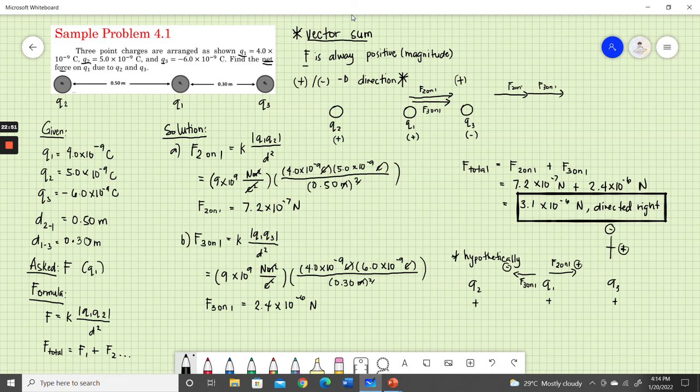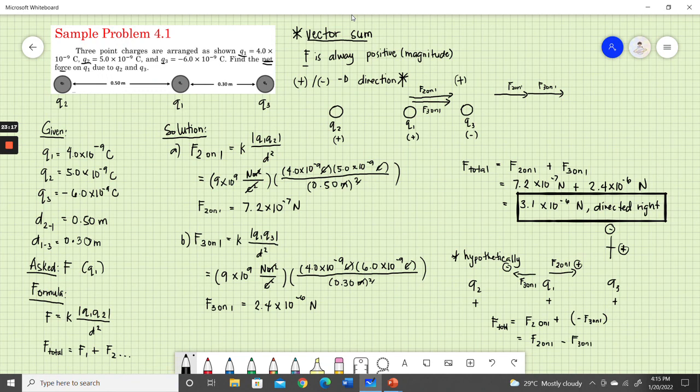So F total is equal to F2 on 1 plus negative F3 on 1, because it's going in the negative direction. So in the end, I'm subtracting them: minus F3 on 1.